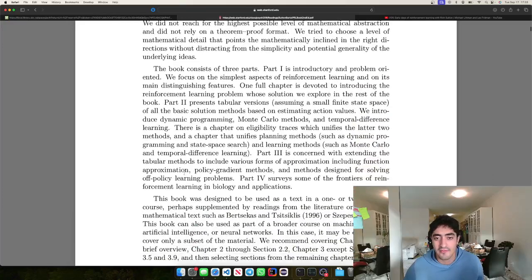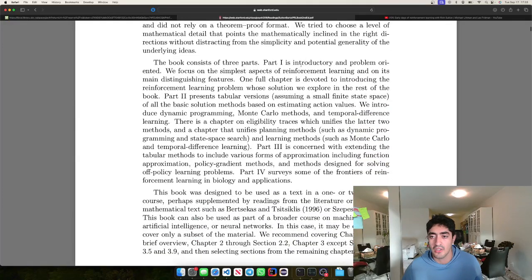The book consists of 3 parts. Part 1 is introductory and problem-oriented. We focus on the simple aspects of reinforcement learning and on its main distinguishing features. One full chapter is devoted to introducing the reinforcement learning problem, whose solution we explore in the rest of the book.